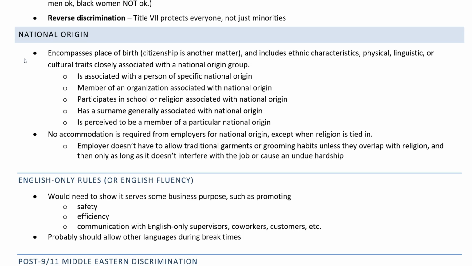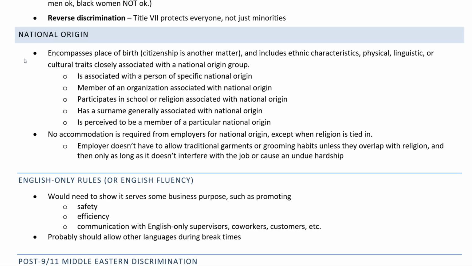No accommodation is required from employers for national origin, except when there might be some tie-in with religion. What that means is an employer doesn't have to allow traditional garments or grooming habits. If a person from a certain national origin, from a certain country, tends to dress a certain way or groom themselves in a certain way, the employer doesn't necessarily have to accommodate that or allow that until it starts to overlap with religion.